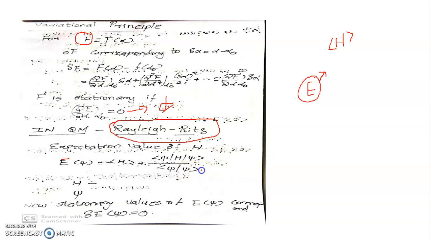If psi is a normalized wave function, the denominator will be equal to 1, and this is a ratio.